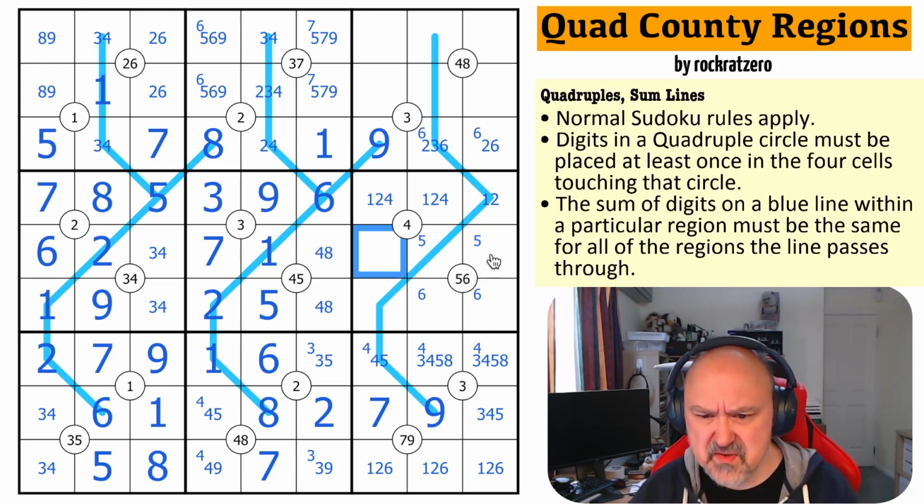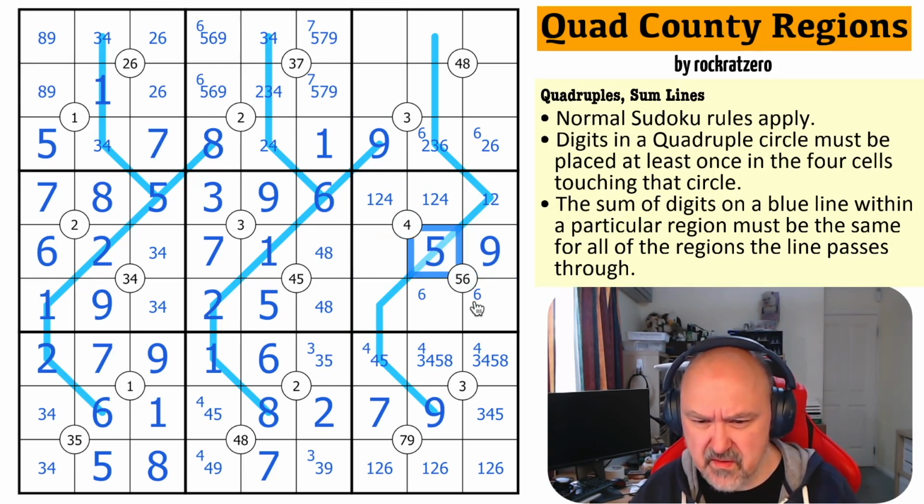So 9 in this box is in one of those two, because it's not in any of those, and that 9 is looking up. And that 9 sees that one. So this is the 9. So this is now the 5, which means that's not a 5. This is a quadruple now. 1, 2, 3, 4, 5, 6, 7, 8. 3, 6, 7, 8. Well, there's no 6 in either of those.